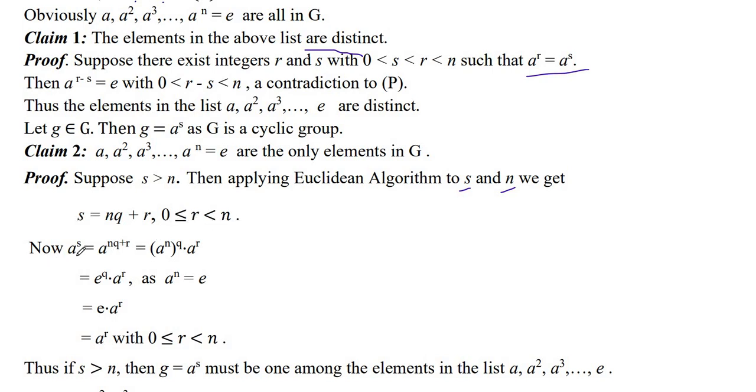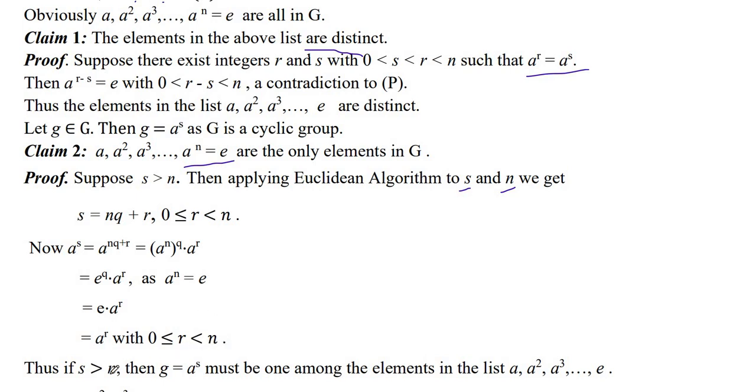Now we consider a raised to s, and that gives you this after rewriting. And a^n is e, so you have a^s equal to e times a^r, which is just a^r with 0 ≤ r < n.